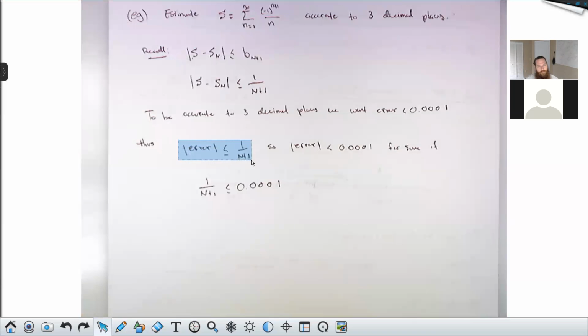All right, my error is known to be smaller than 1 over n plus 1. I want my error to be less than 0.0001. So I can say for sure the error will be less than 0.0001 as long as 1 over n plus 1 is less than 0.0001. We're using the transitive property of inequalities here. Since the error is less than 1 over n plus 1, and 1 over n plus 1 is less than 0.0001, the error will be less than 0.0001.